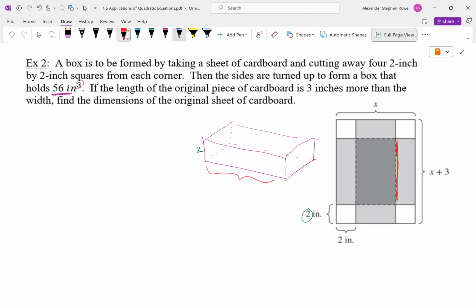So it's not x plus 3, that's the entire thing. x plus 3 minus, very good, minus 2 on this side and minus 2 on this side. x plus 3 minus 4 is x minus 1. All right, what about this side?